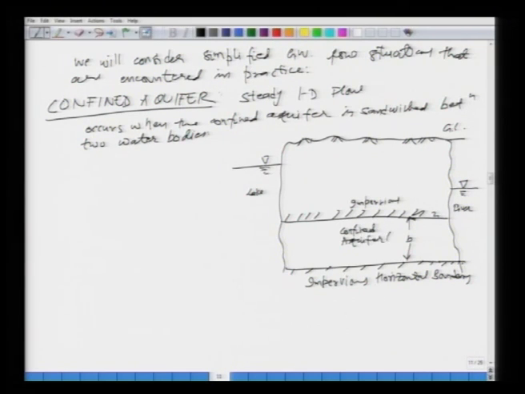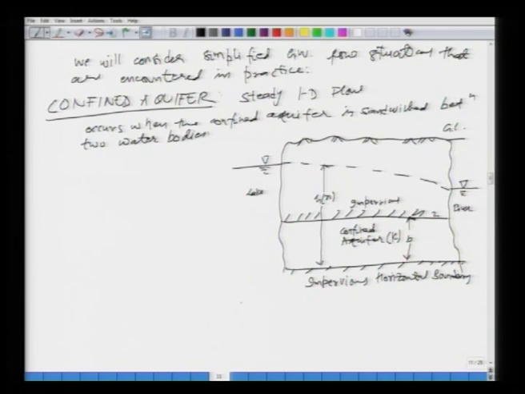Hydraulic conductivity is K. And let us say that this is the piezometric surface. How will it look like? That is what we want to find out. So, what we want to find out is basically this solution H as a function of x.